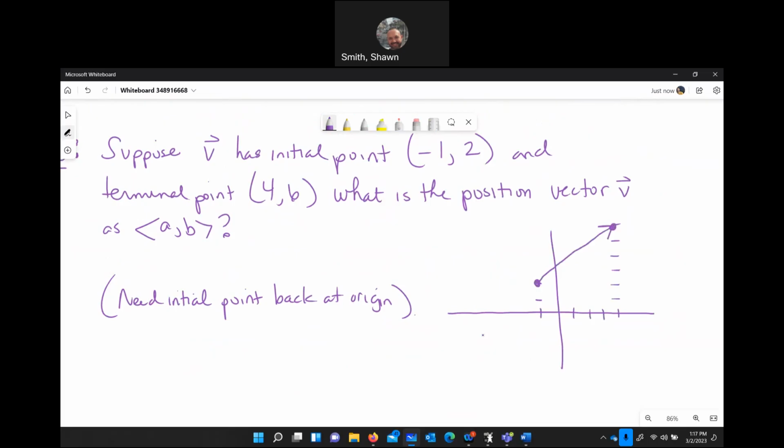So we want to slide this vector down 2 units and 1 unit to the right, correct? So all you're gonna do is now, if I'm gonna slide it down 2 and 1 to the right, that means I subtract 2 from the y, right?